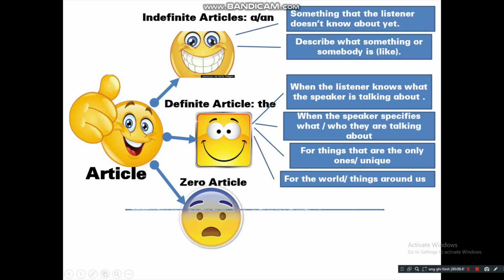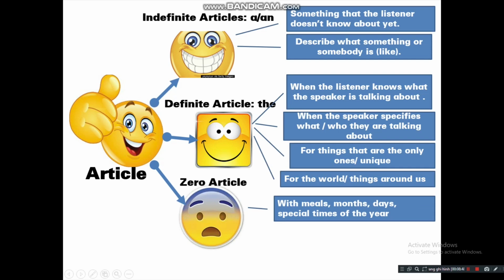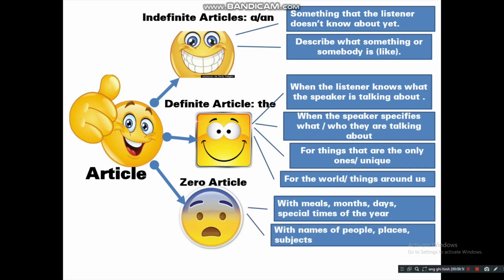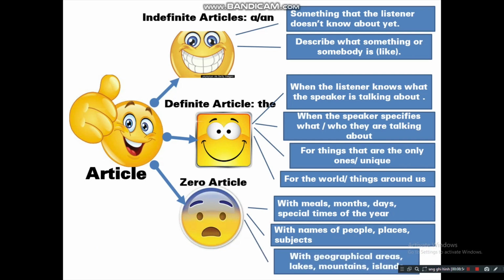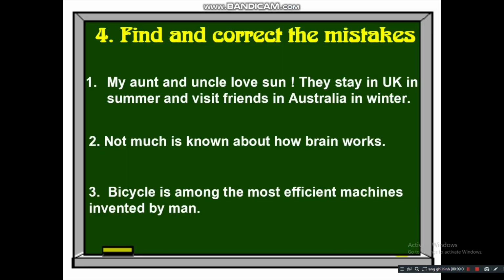And lastly we have zero article. This is used for meals, months, days, special times of the year, or with name of people, places, or subjects. It also goes with geographical areas, lakes, mountains, and islands.